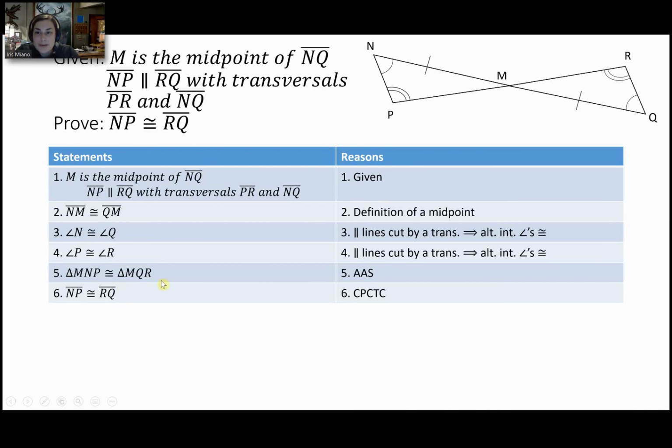Once two triangles are congruent, any other parts that were not explicitly shown to be congruent by the process of proving that the two triangles were congruent can then be claimed, can be matched up as congruent to one another as long as they do indeed correspond. Okay? So NP clearly corresponds, that's the counterpart, in the other triangle that matches up with RQ.